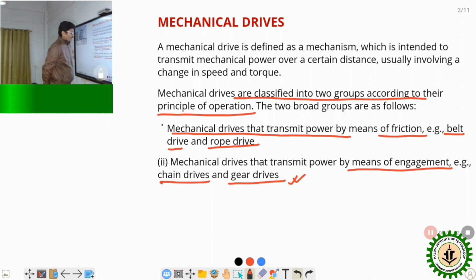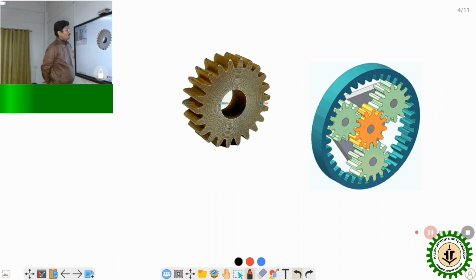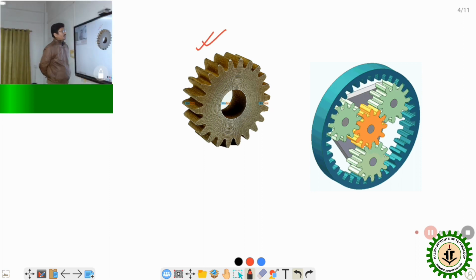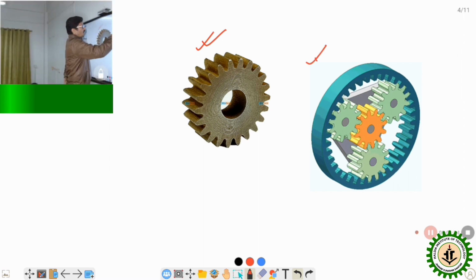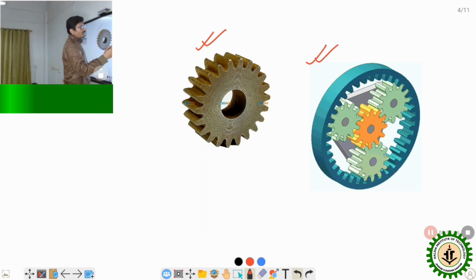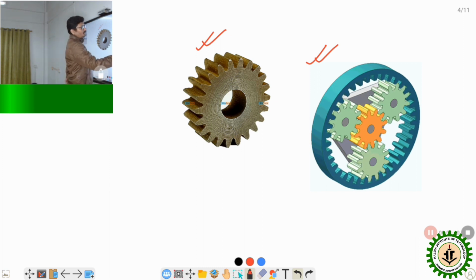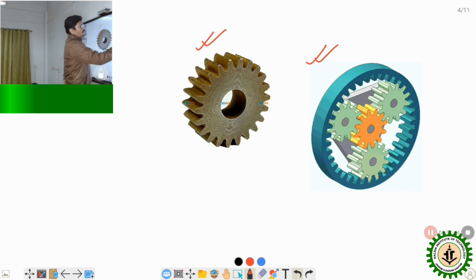Now these gear drives require the idea of a basic gear. You can see this is the image of a spur gear, a basic spur gear, and this is the animated view of how the motion is transmitted through spur gears. There is a central gear of yellow color and three peripheral gears.